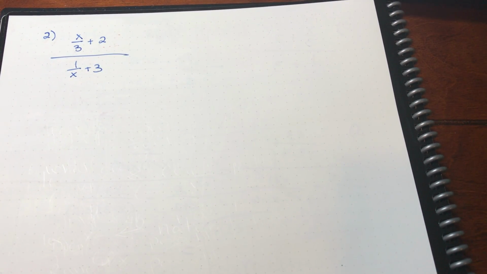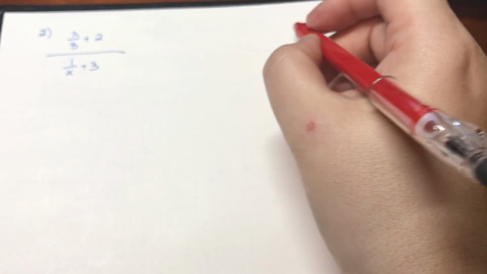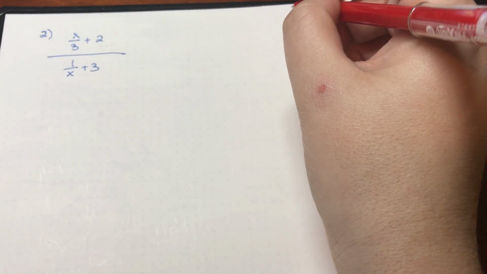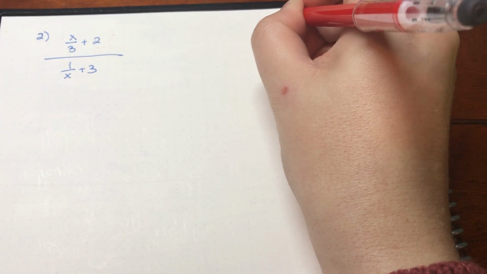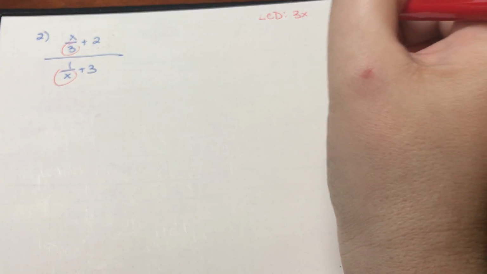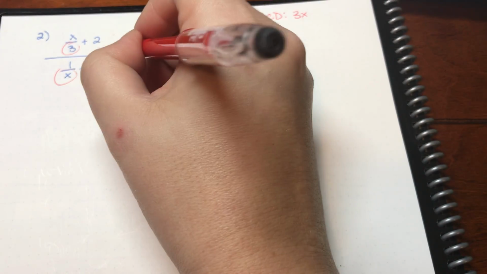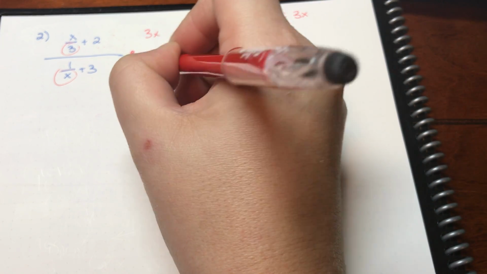All right, so here we're going to do two more examples of complex fractions. So this first one, I need to find my lowest common denominator. It is 3x. So I'm going to multiply by 3x over 3x.